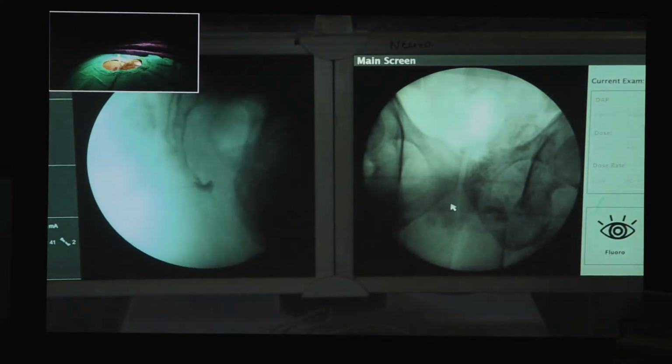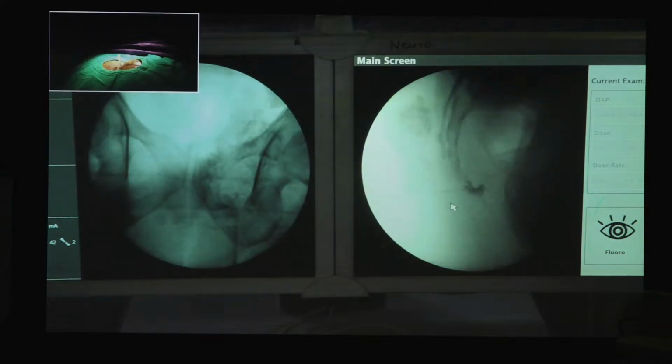AP, okay, sir. And then we'll check for the midline. We'll check in the AP view again. The thing we have to be careful about is the rectum in front.